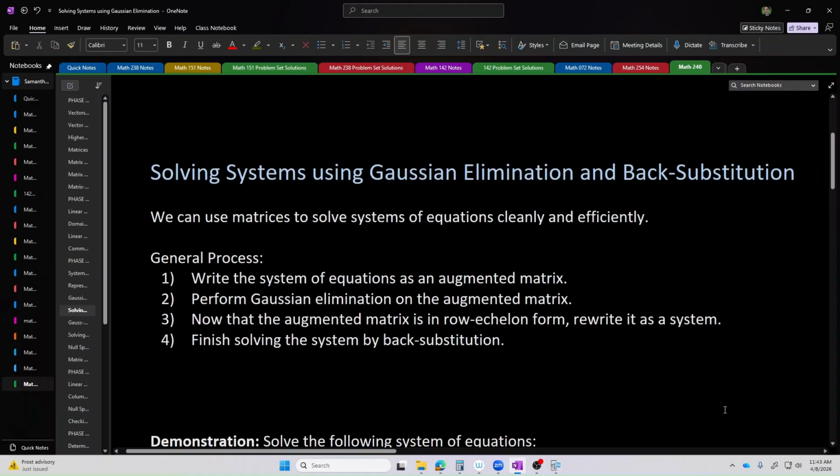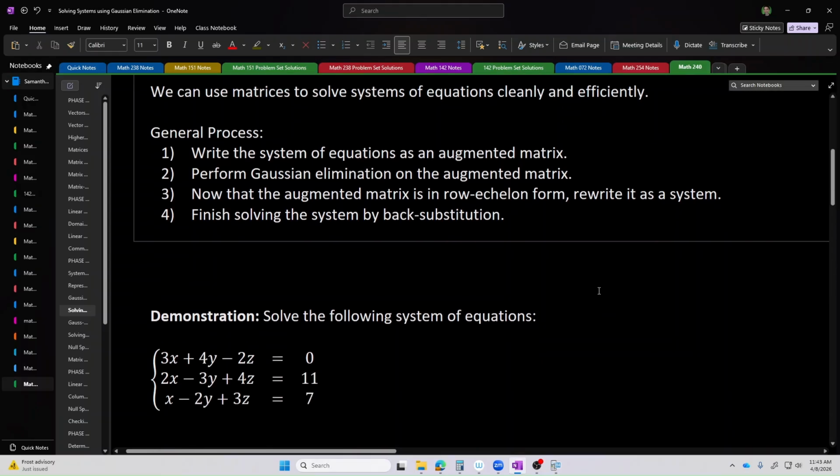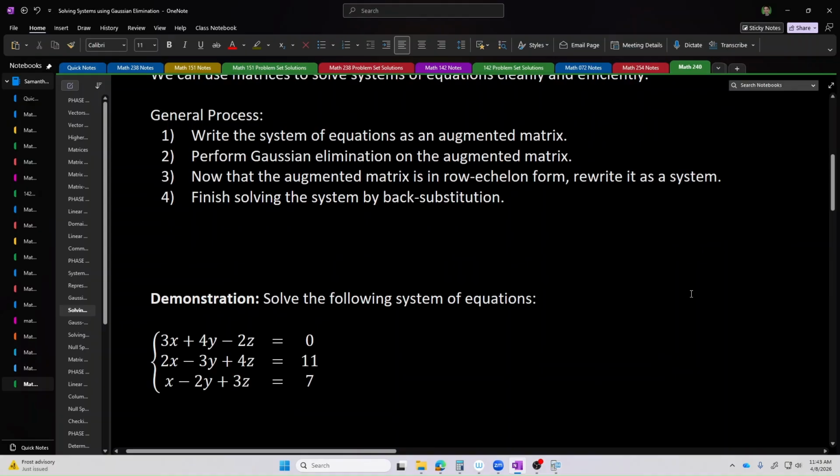So overall, if you have a system of equations and you're solving that system using this linear algebra approach of Gaussian elimination, the overall process is as follows. You start by taking the system of equations and writing the augmented matrix that represents it. You go ahead and perform row reduction on that matrix. You perform Gaussian elimination on that matrix and write it in row echelon form.